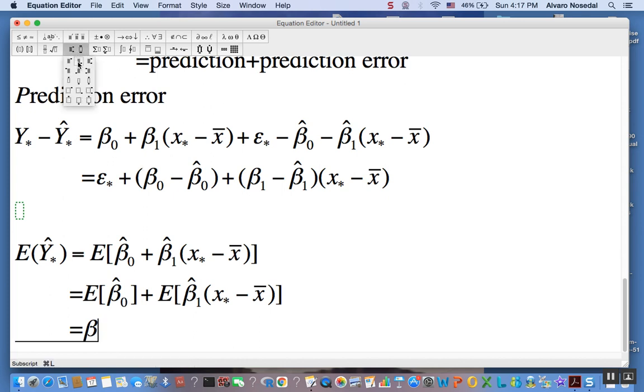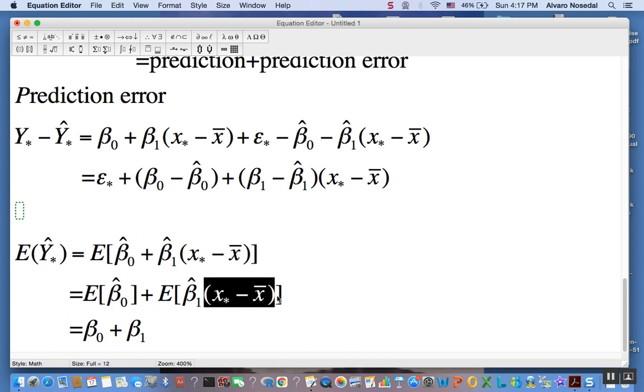Again, beta hat 1 is an unbiased estimator of beta 1, so we just have beta 1 there, times this.